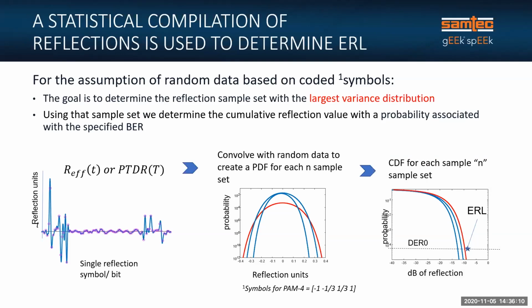Statistically, these magenta dots, I probably should have used red, this is an old slide, represent a collection of reflections. I can combine that collection of reflections with a data stream, which will contain coded data, PAM2, PAM4, PAM6, PAM10, whatever you like. So I can add them up as if those are a data stream of various different pulsars.